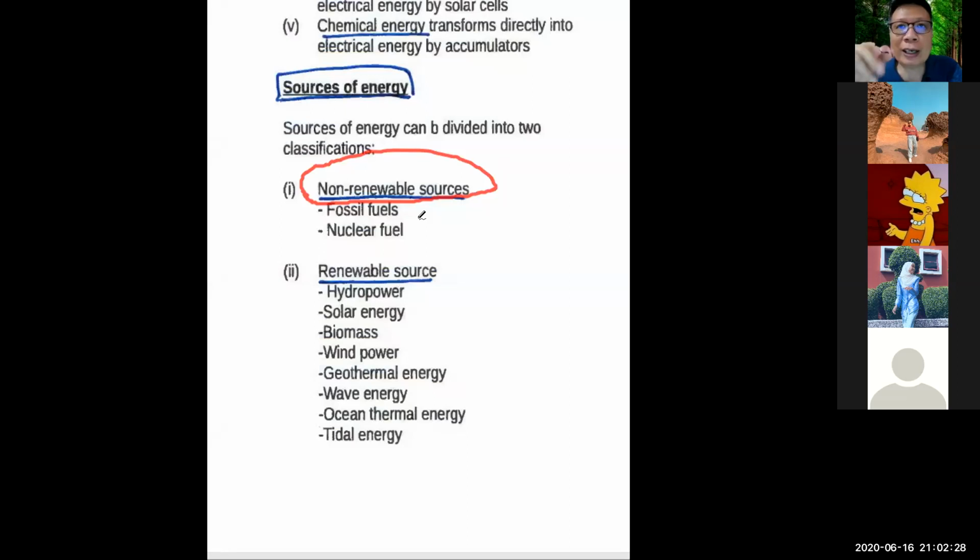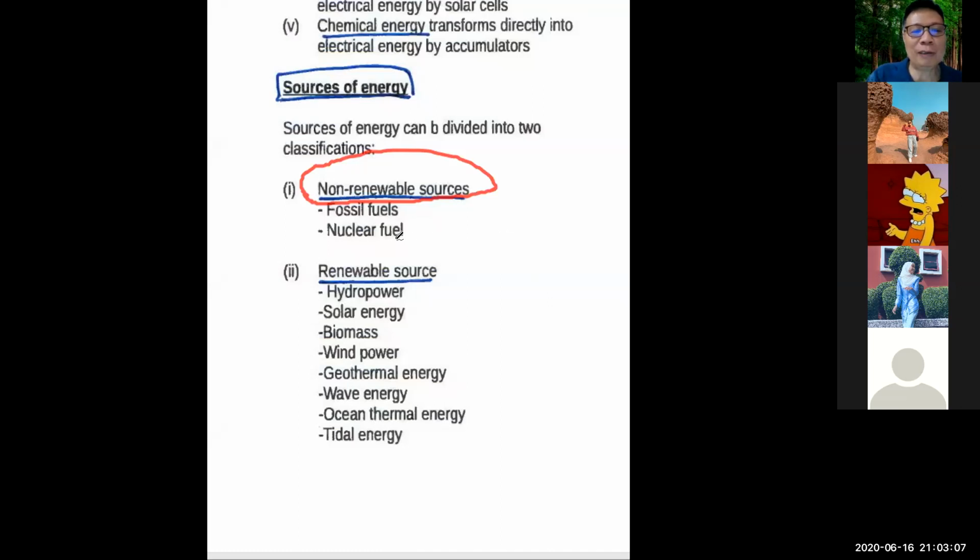So when you are 67 years old, no more petrol, no more diesel, no more natural gas. The current stock of petroleum on Earth can be finished in 50 years' time. So it's very sad. When you are 67, no more petrol already. You want to hear it or not?